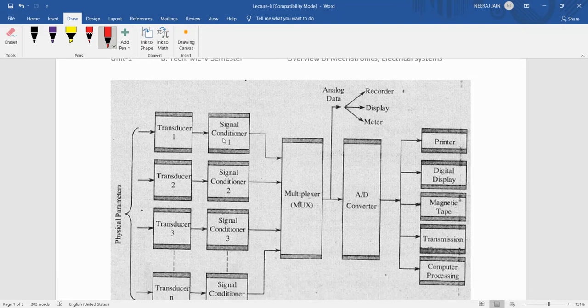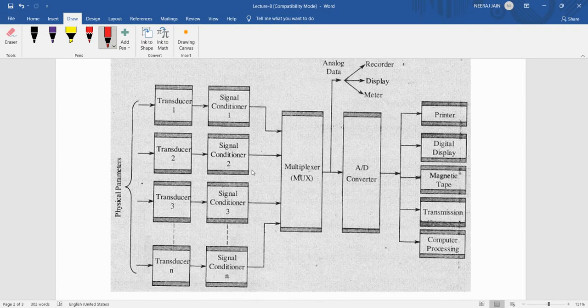So basically, the structure of the DAS is as shown here. It is the physical parameters as we discussed: temperature, pressure, flow. Here several transducers are given, one transducer for one physical parameter. For temperature we can use the RTD, for pressure we can use the differential pressure transducer.